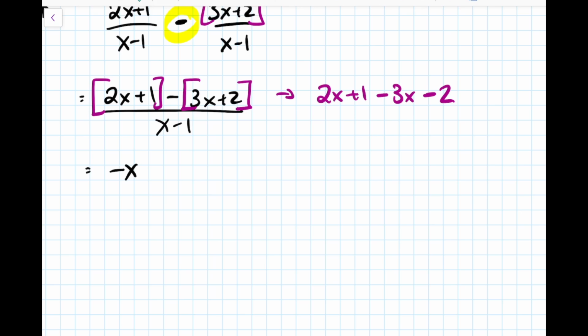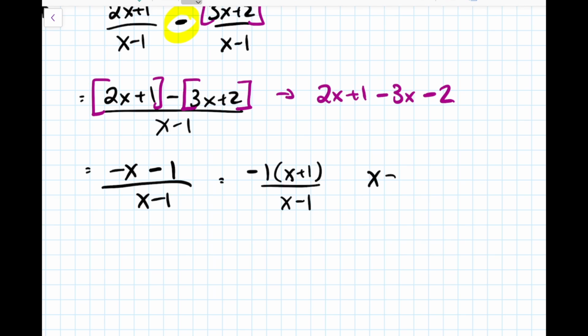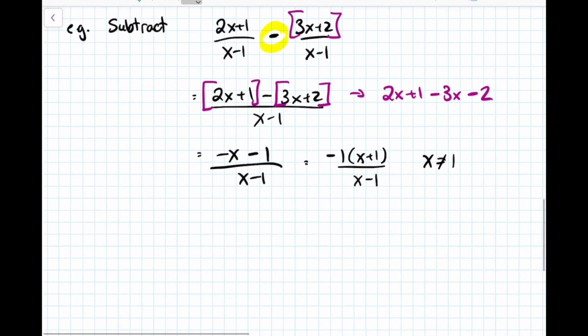What it should be, if we're doing 1 minus 2, is negative x minus 1 over x minus 1. As far as factoring goes, there's nothing to do on the bottom. On the top, we can take out a negative 1. And when we do that, we're going to be left with x plus 1 over x minus 1. We don't have any common terms here, so we can't simplify anything. And we end up with x cannot be 1 as our NPV.